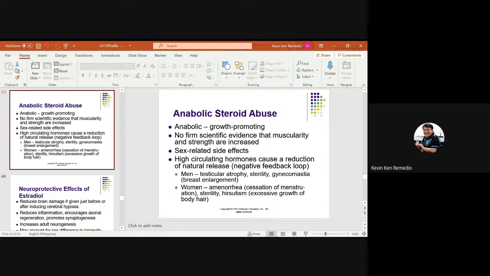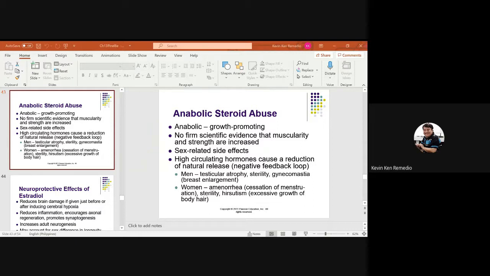It is called anabolic because steroids are actually growth promoting hormones. So, anabolic means growth promoting. Actually, with steroid abuse, there is no firm scientific evidence that muscularity and strength are increased. Class, you've seen individuals who have tried steroid abuse.